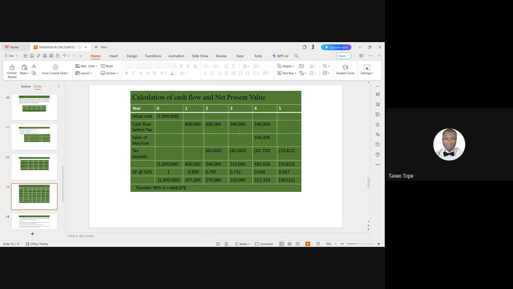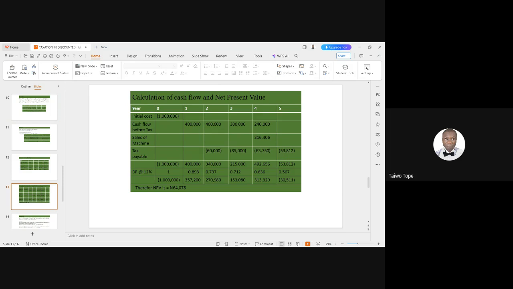And in year three, you have 300,000 less 85,000. You have 215,000 as a net cash flow. In year four, we have 240 plus 316 scrap value less 63,750, which is the tax allowance, and we have 492,656 as a net cash flow.